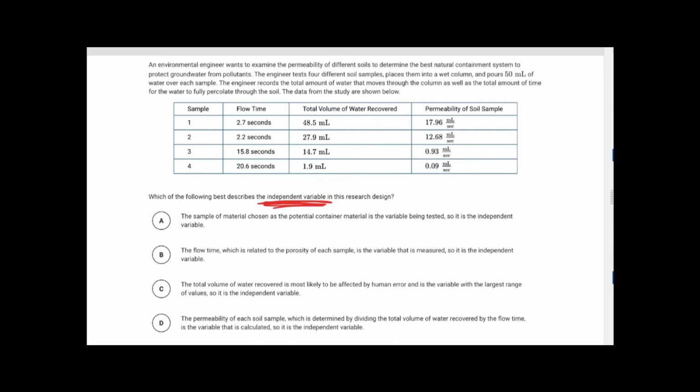Okay. So when we look at this question, and this one I thought was a little bit confusing, what do you guys think would be the independent variable?